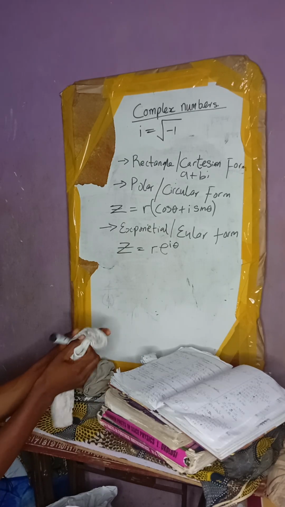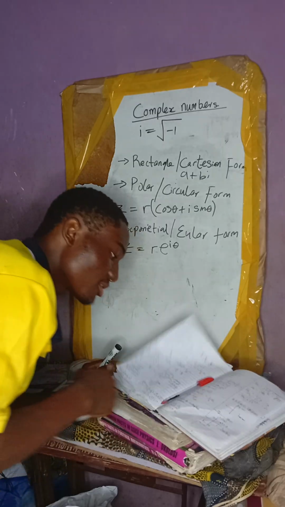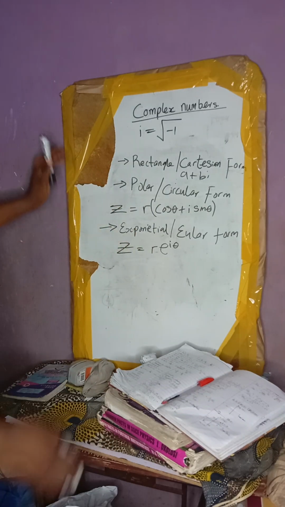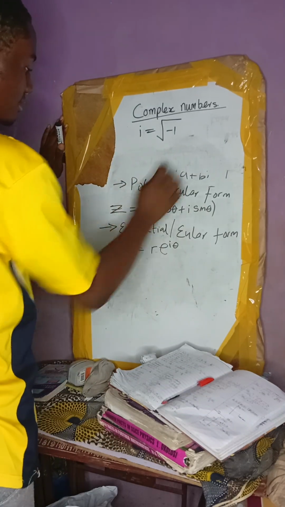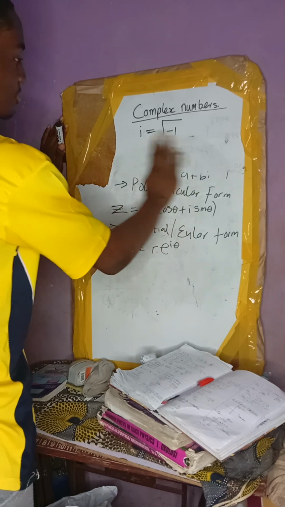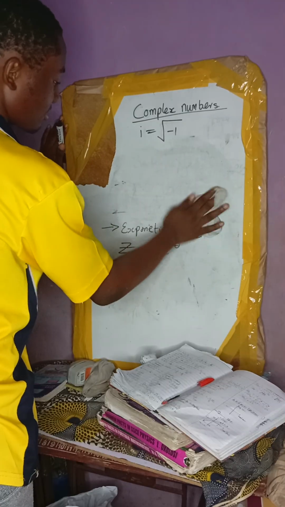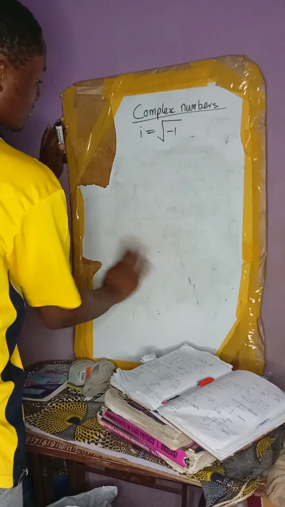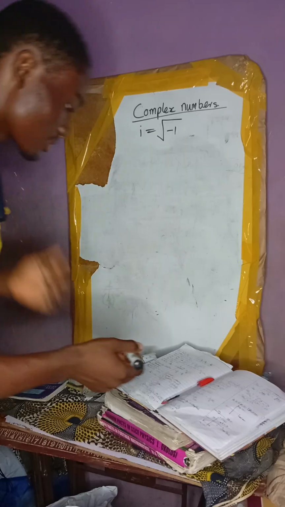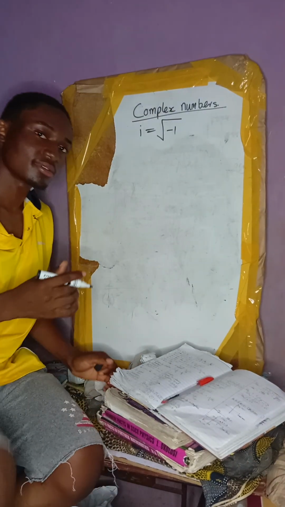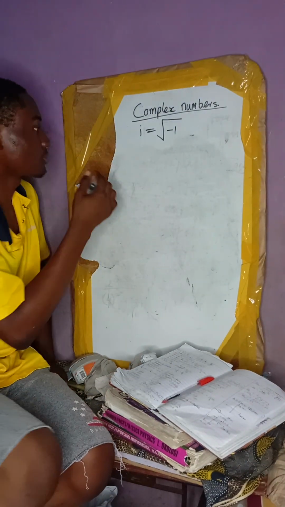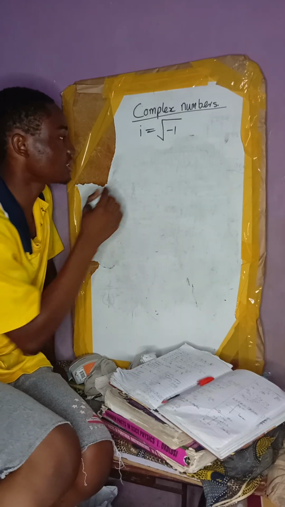But just so that I can end the class now, let me teach you how to find this r in these two types of representing the complex number. We call that r the modulus. Okay, I didn't tell you this.